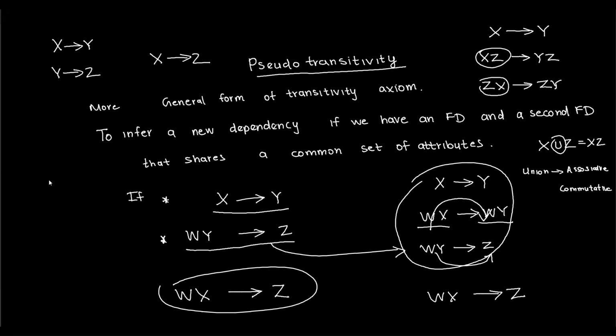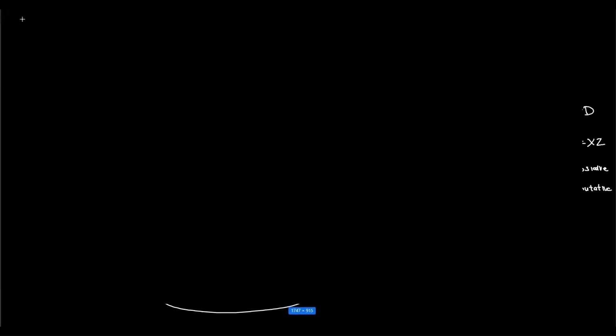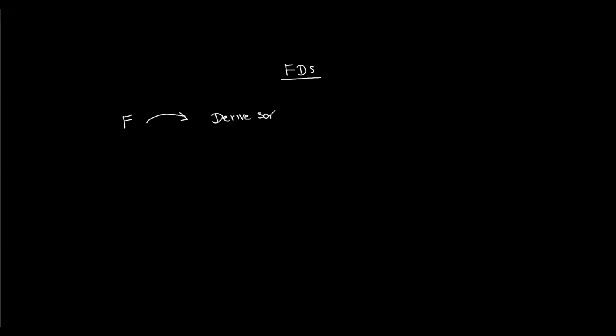All right. Before you go and watch the next video, keep in mind the basic idea that I taught you about functional dependencies, FDs. We can have an initial set of FDs, which is called F. And from F, you can derive, or infer, some more FDs.